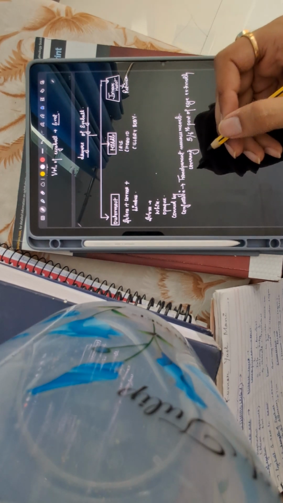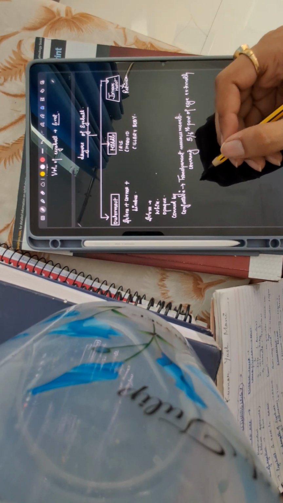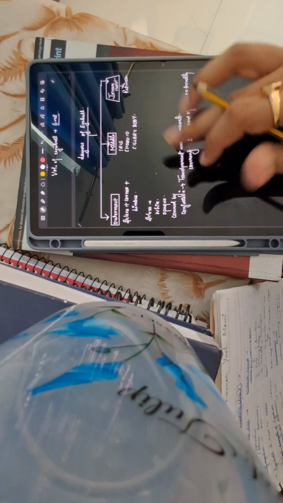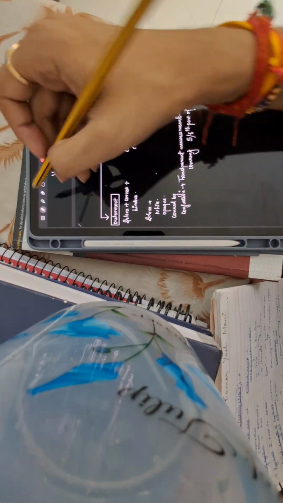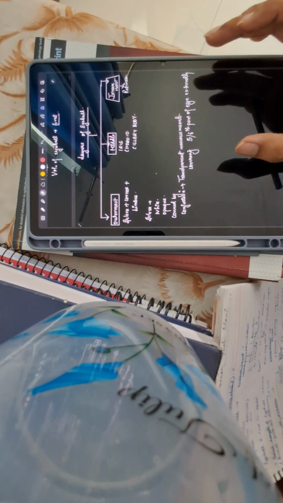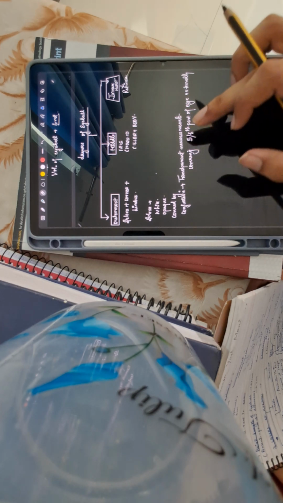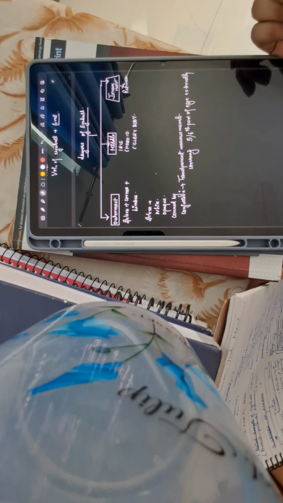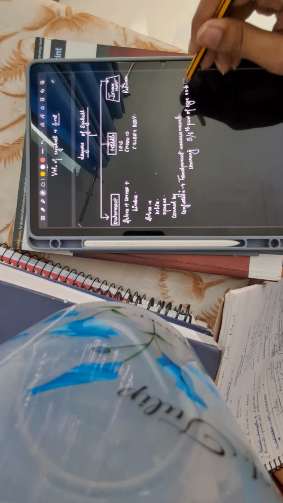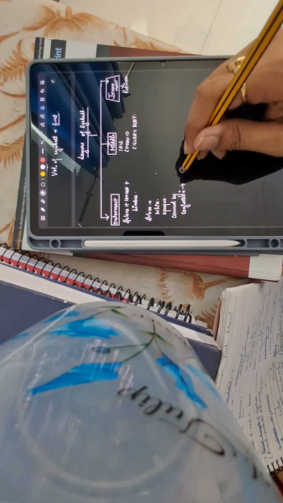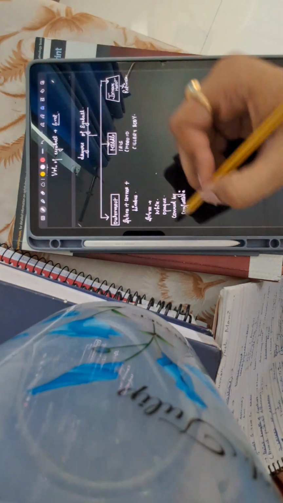Just focus on this: a transparent mucous membrane covering 5/6 part of the eye externally. Then we move on.